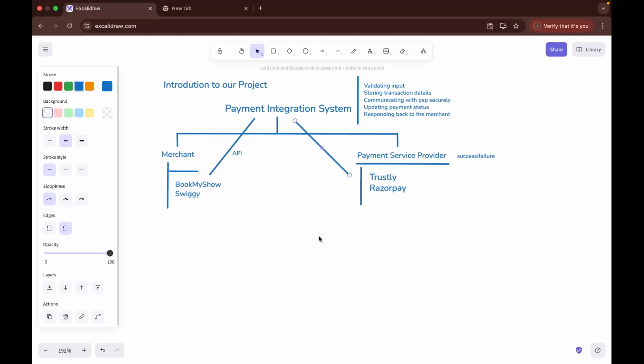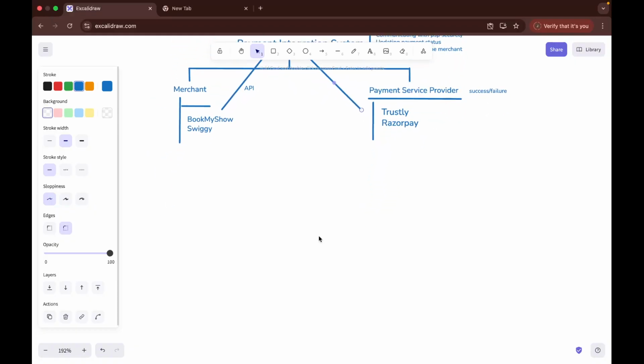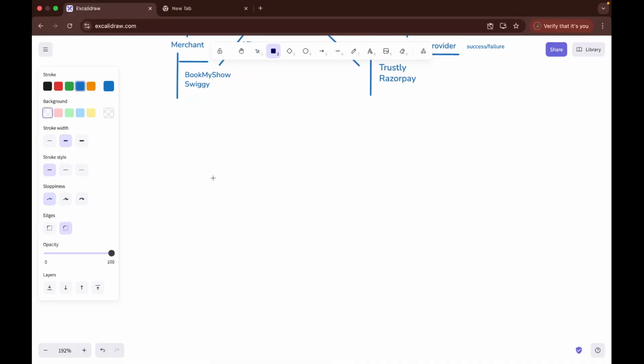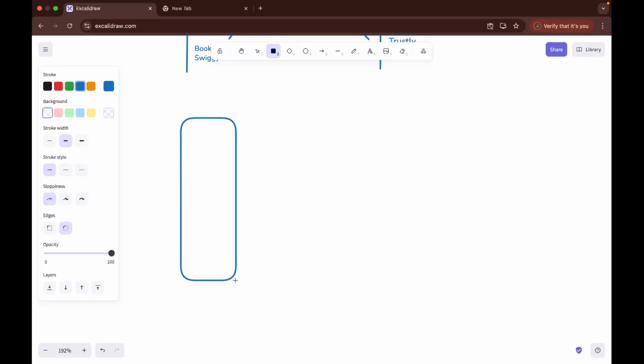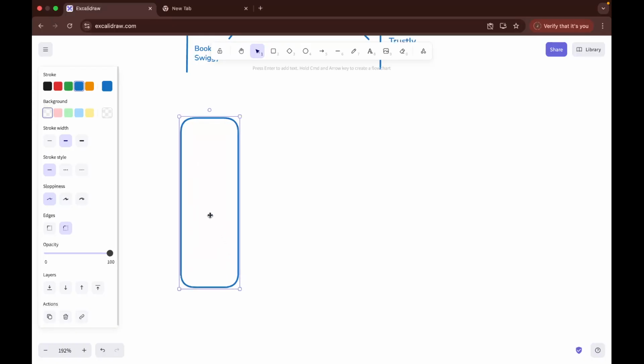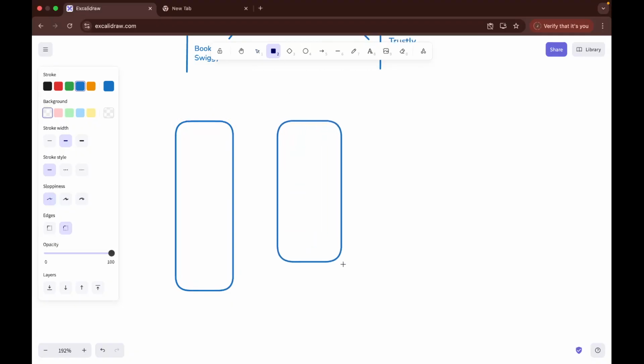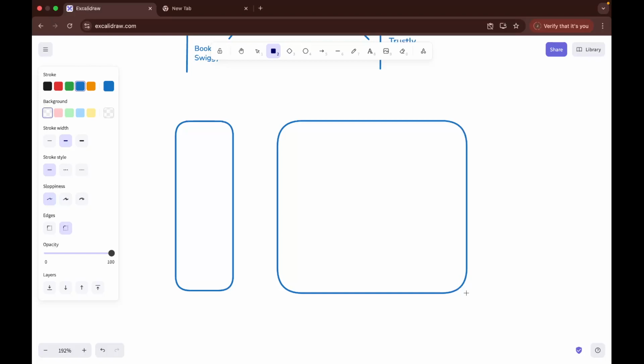Okay, so we have worked through the architecture, how our payment integration system works.